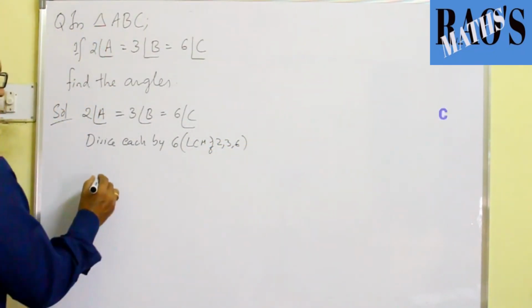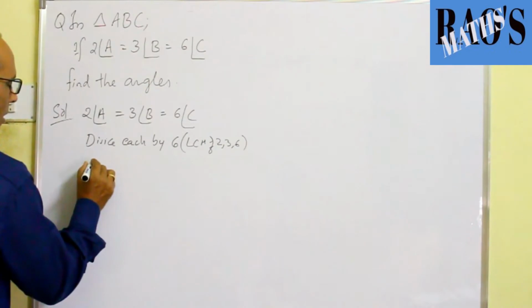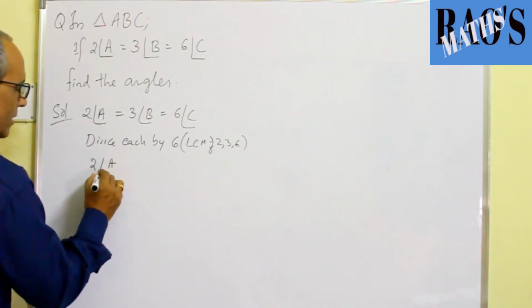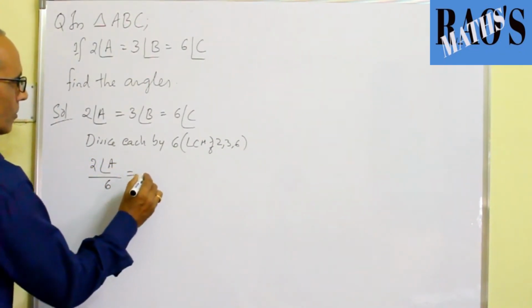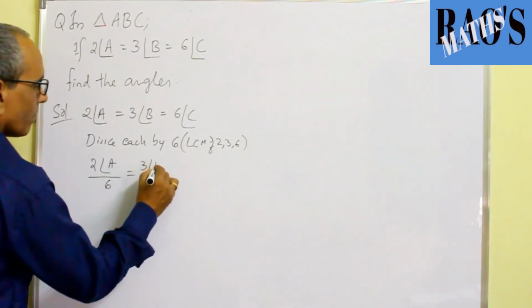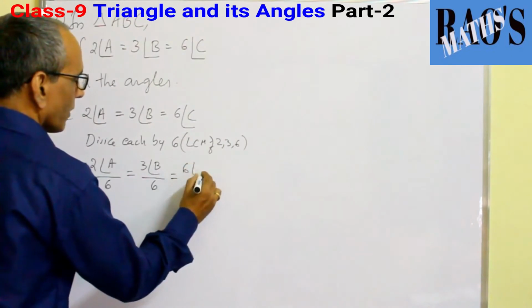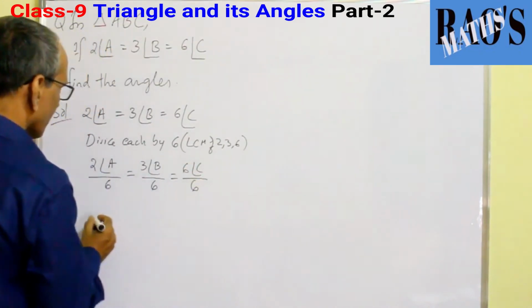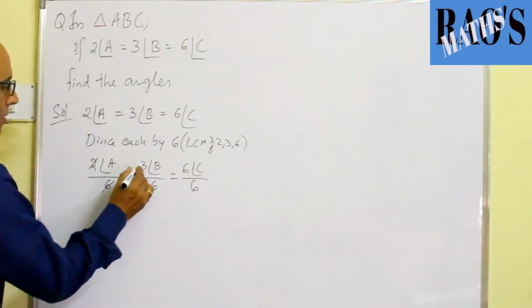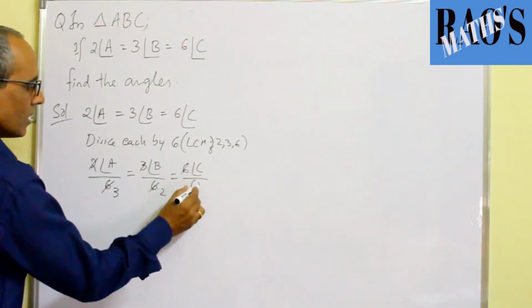When I divide by 6, let's see. 2 times of angle A by 6 is equal to 3 times of angle B by 6 is equal to 6 times of angle C by 6. 2 goes 3 times, 3 goes 2 times, 6 goes 1 time.